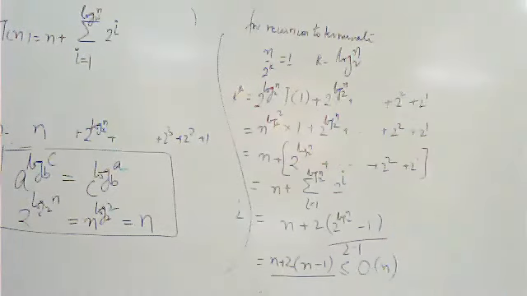So the first value of i will be 1, then 2, then 3, then 4, and the last value will be log n base 2. So this is a geometric progression, GP.